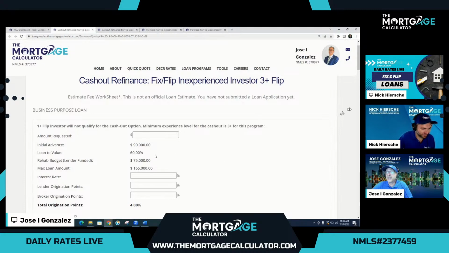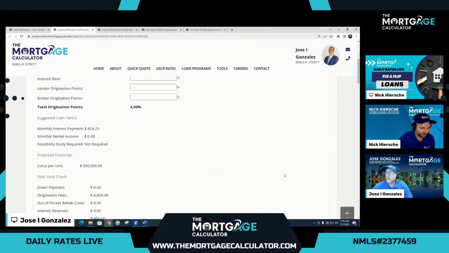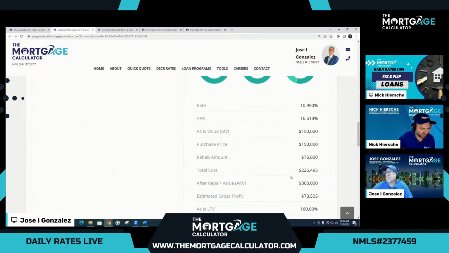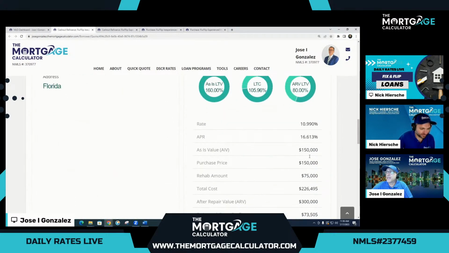So you're looking here at a similar scenario with the maximum loan amount of $165,000. But what is going to change is the rate, not by much either, it increases by about a quarter percent to 10.99 from 10.74%, which was the experienced person.